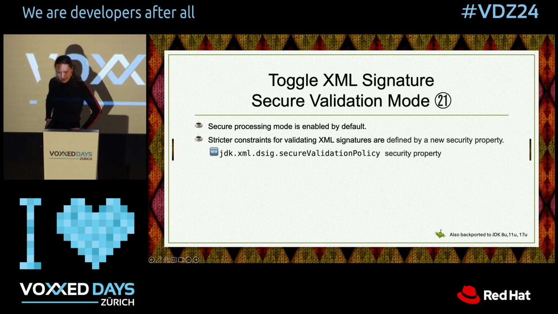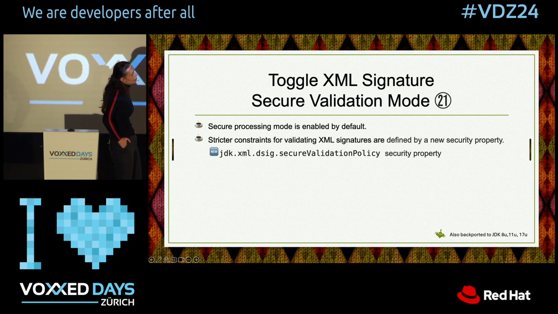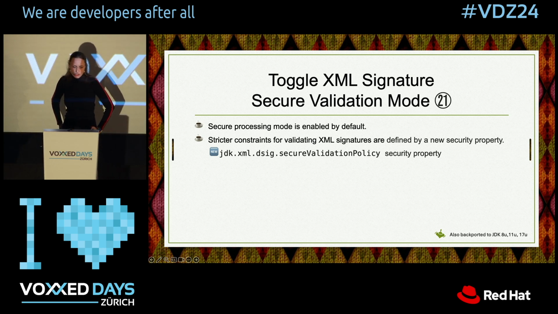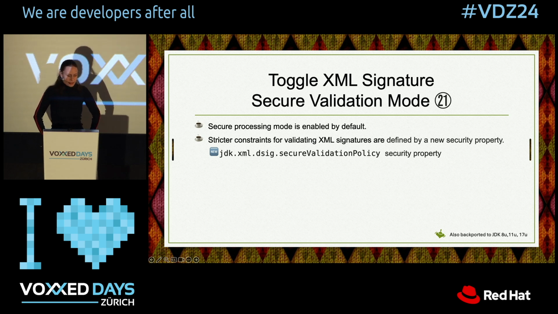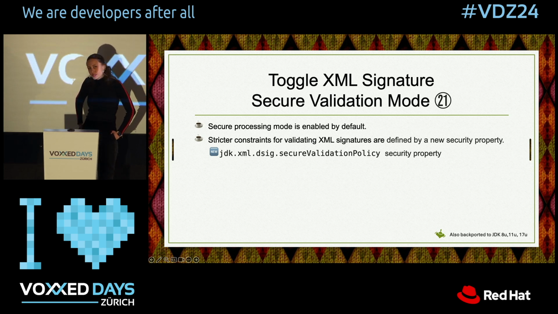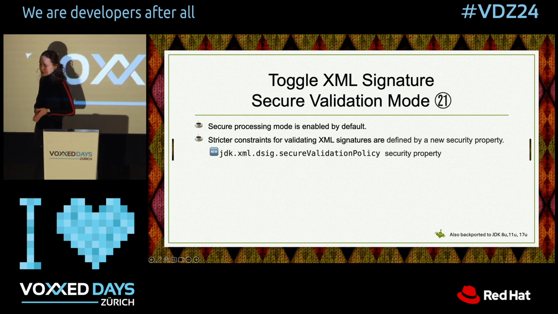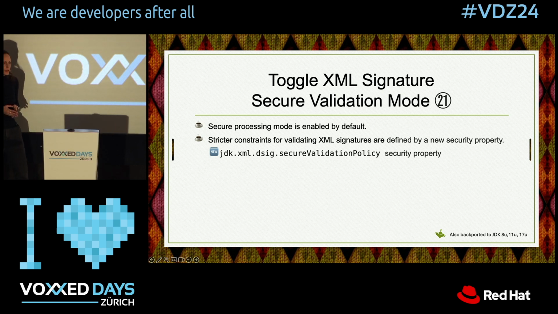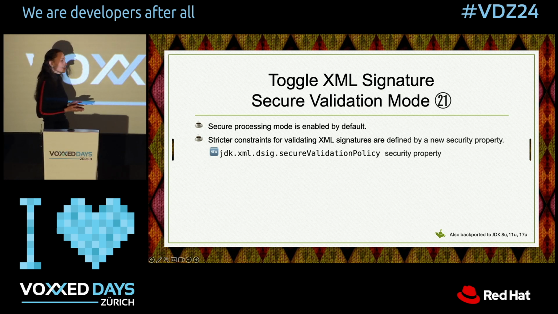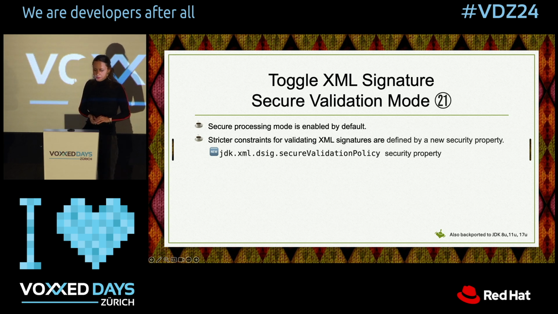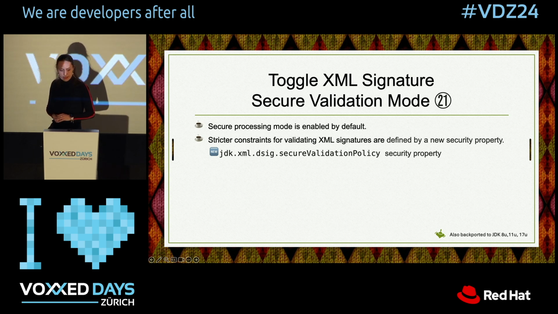And apart from that, you can toggle the XML signature secure validation mode. By default, the secure processing mode is enabled, but you can increase its strictness. Like we talked earlier about making the security of your application a little more strict thanks to the JDK security configuration file, but you can be even more strict with your policies.